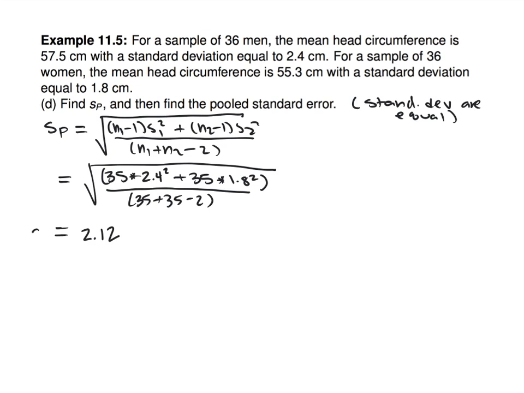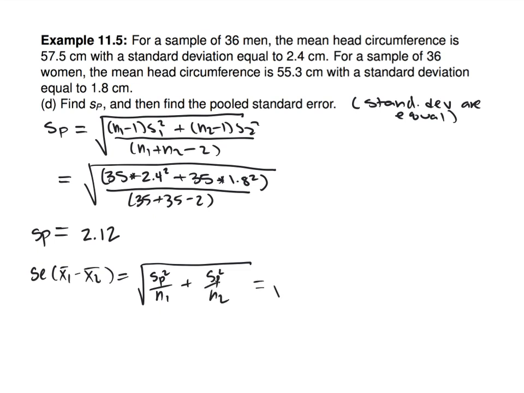Okay, so that's SP. Now you have to find the pooled standard error. What that means is you do the standard error of x1 bar minus x2 bar, except with this SP instead of with s1 and s2. So SP squared over n1 plus SP squared over n2.